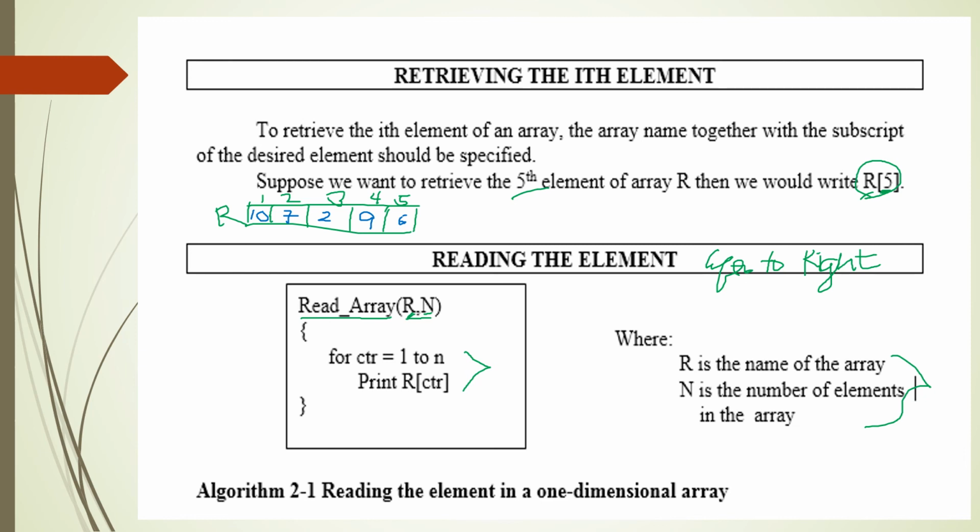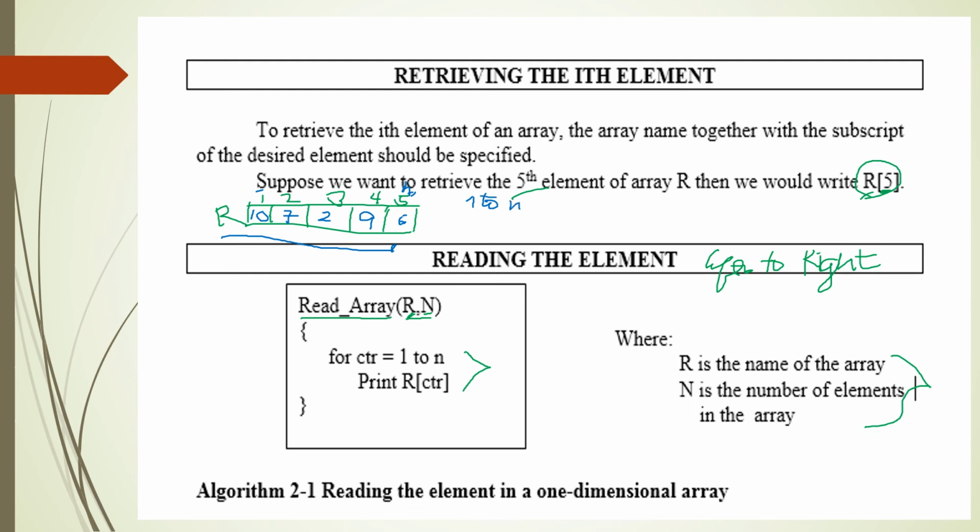When we want to read the elements of the array from left to right, that means we're going to read from the first index up to the last index. The last index will be denoted by the size of the array. So we will read it from 1 to n.